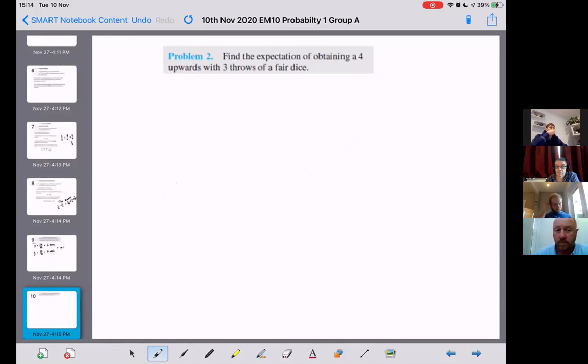Find the expectation of obtaining a 4 upwards with 3 throws of a fair dice. So the expectation of getting a 4 upwards when you throw the dice 3 times.